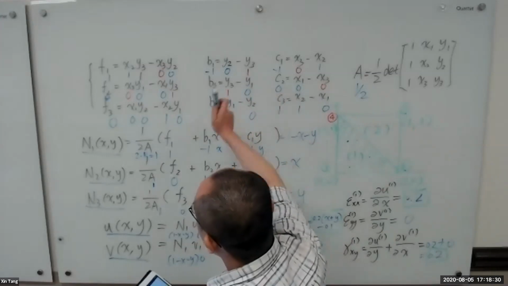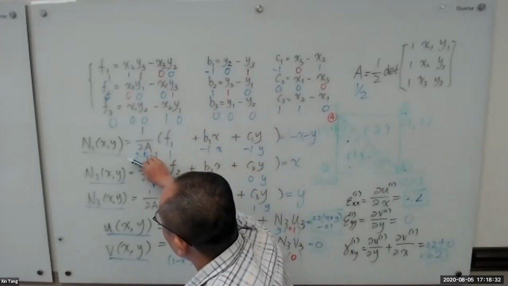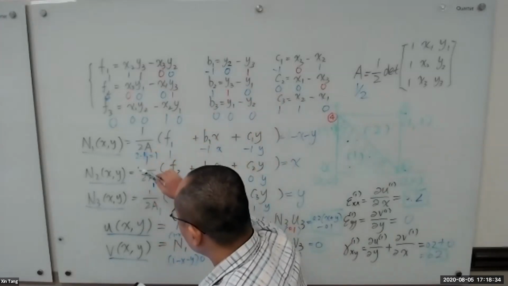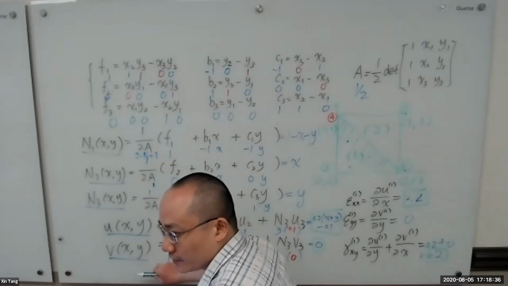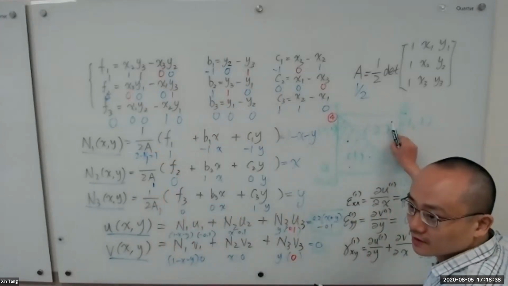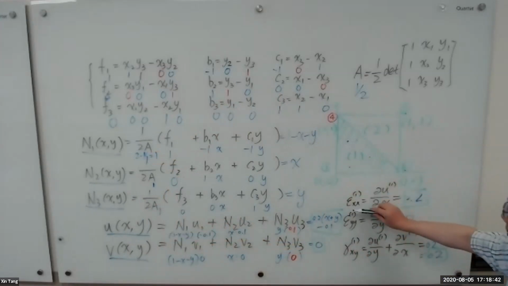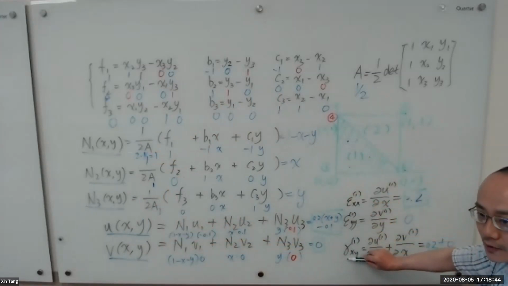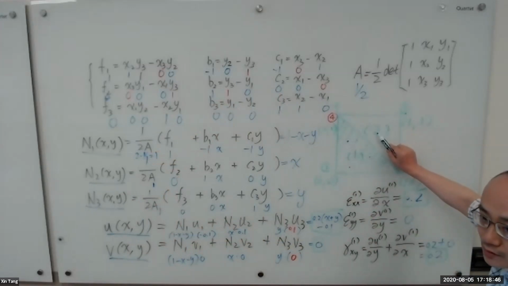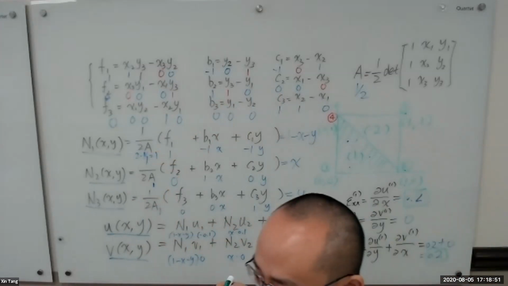Then add that into the shape functions, get the shape functions, and then calculate u and v in this element. And then from u and v, you can do the differentiation and get the three strain components in element 2. So this is how we calculate by hand.